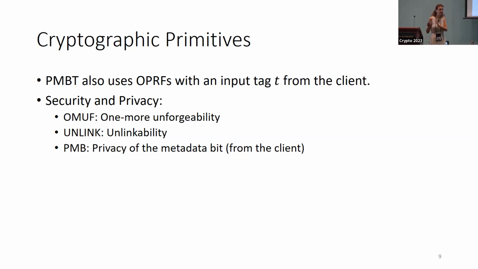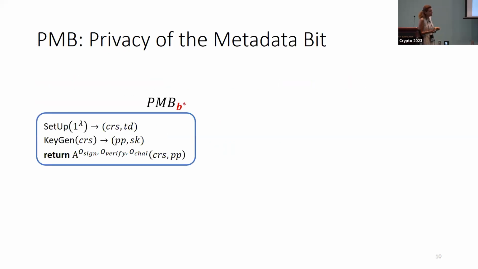The server has nothing to do with this tag generation, and the security properties include one-more unforgeability and unlinkability. And because of the hidden metadata bit, privacy of the metadata bit is also a security notion we need to define. So that's the PMB, privacy of the metadata bit part, is where I will focus in this talk.